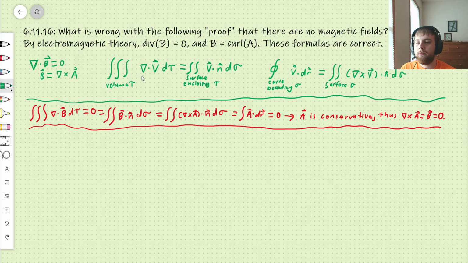This is the divergence theorem, which is used in the failed proof. It says that for whatever volume we're talking about, the divergence of B is, I guess one way to say it, the out that the function wants to do.